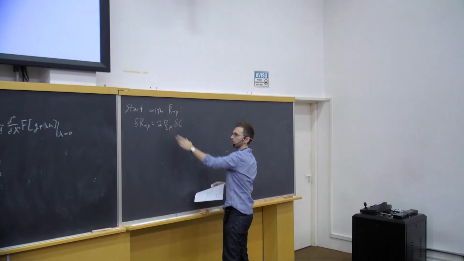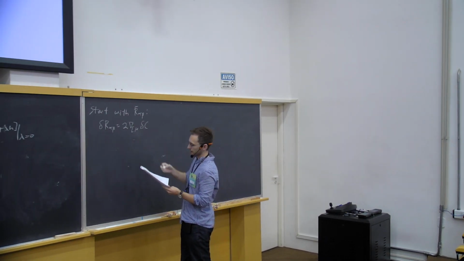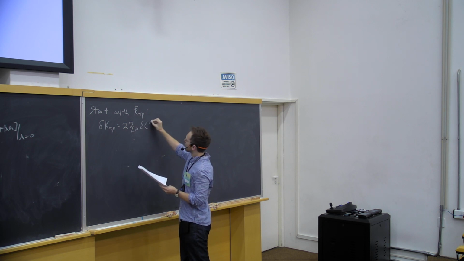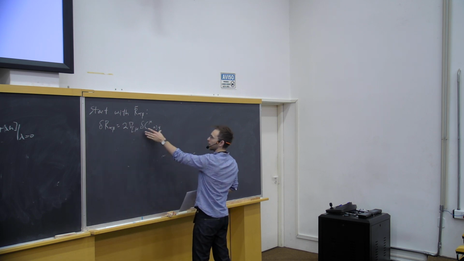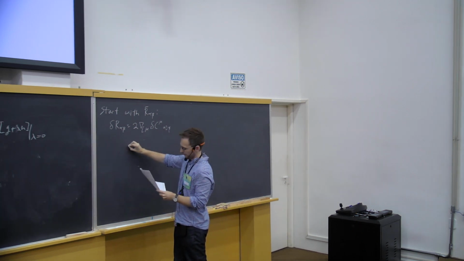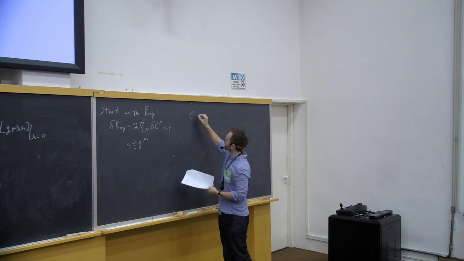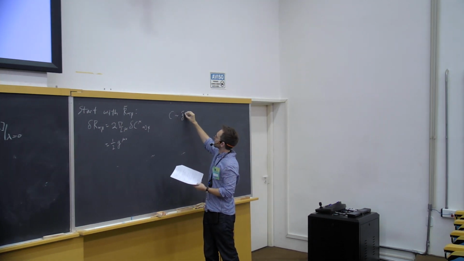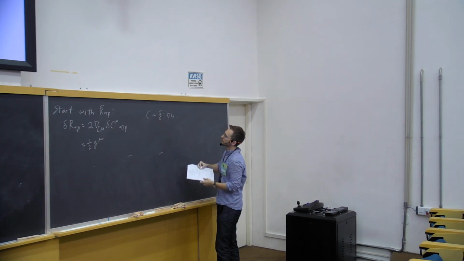The gradient is the background gradient, so it doesn't depend on H. So the linearization just passes through it. And we now have the covariant derivative of the linear piece of C. So remember, C was like G tilde inverse grad H. We want to get just the linear piece.